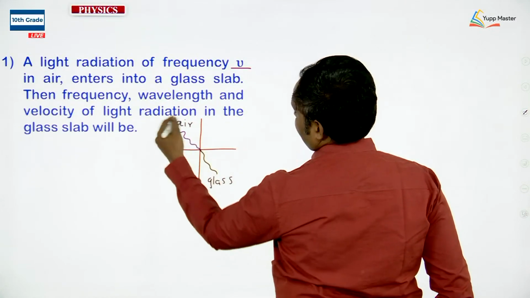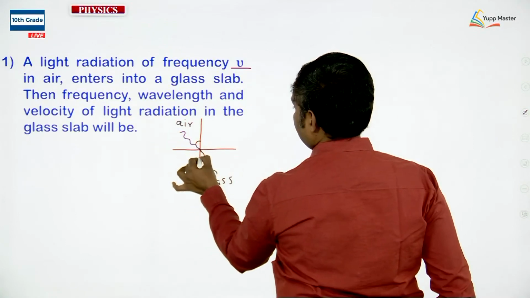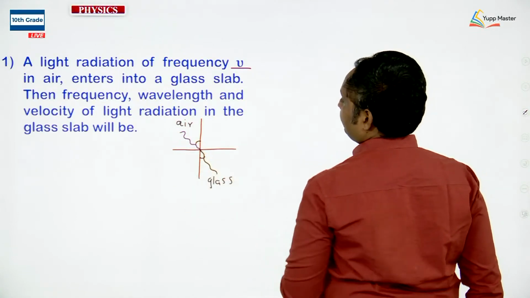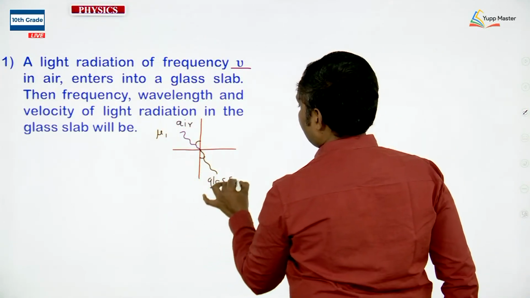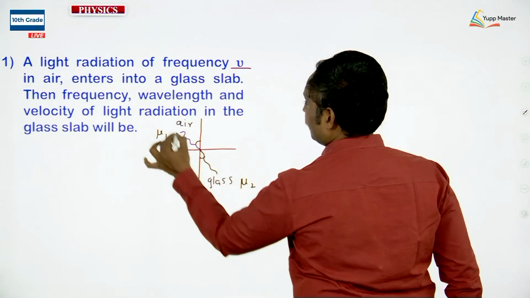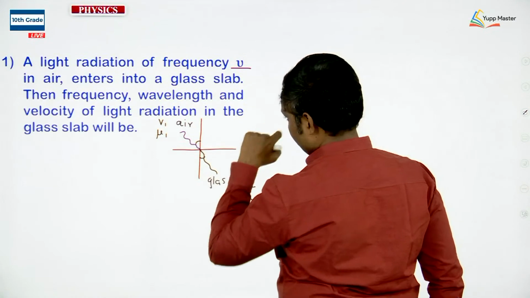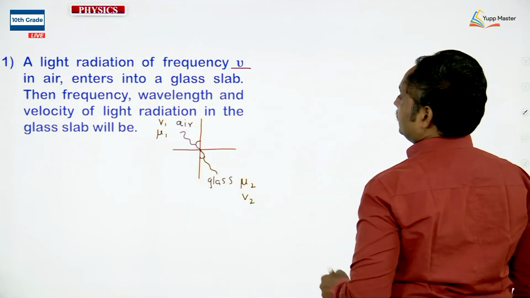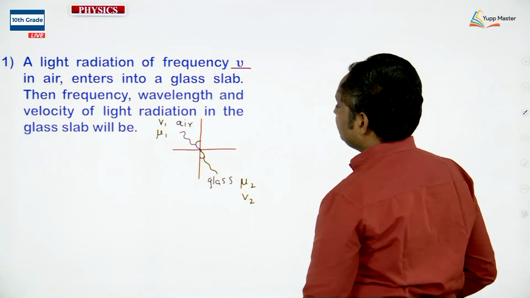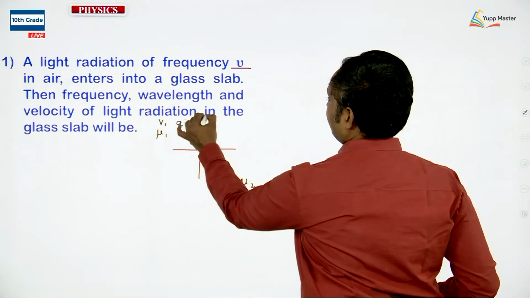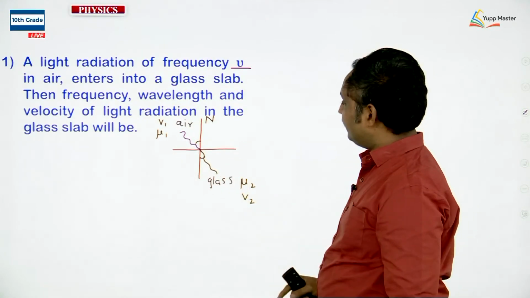You know very well about that. Mu 1, mu 2, V1, V2. Now it is very clear. Light has been refracted; this is the normal.